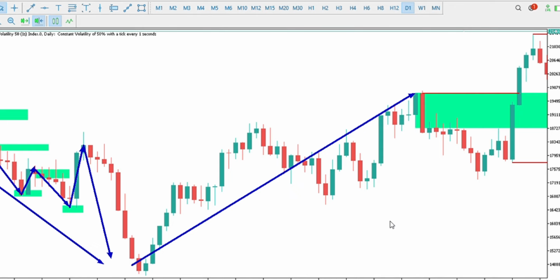Either the market is doing some impulse or some retracement. The impulse is towards the direction. Retracement is against the direction.